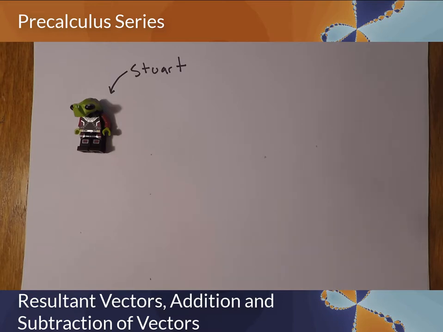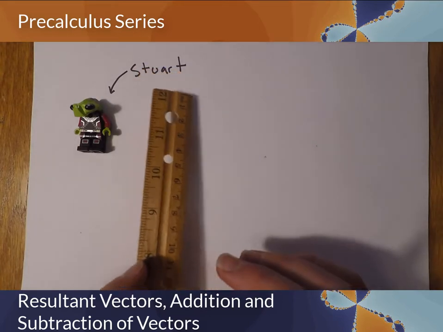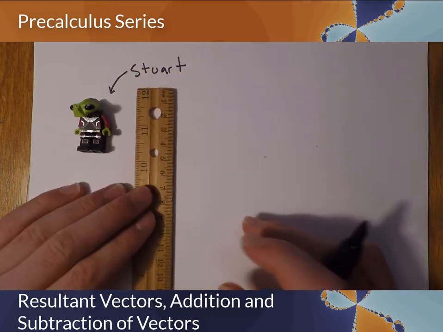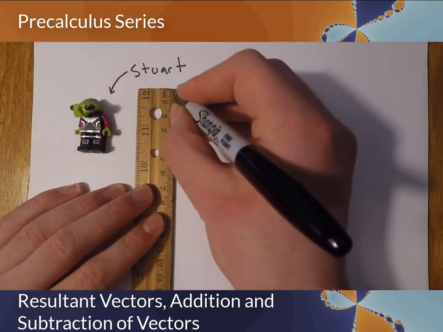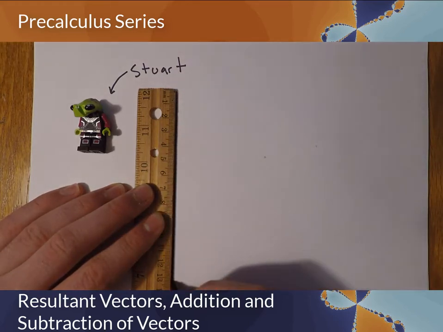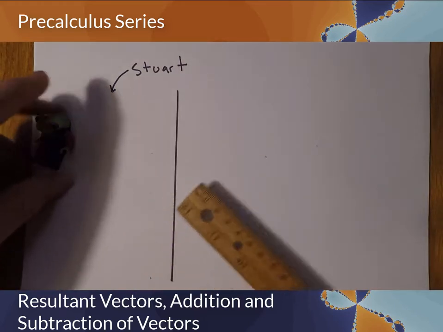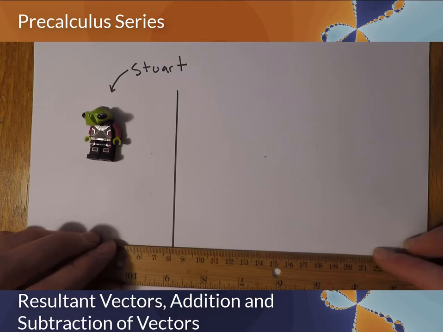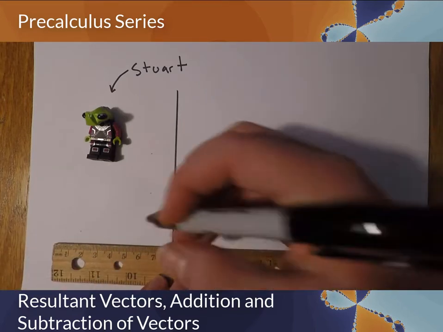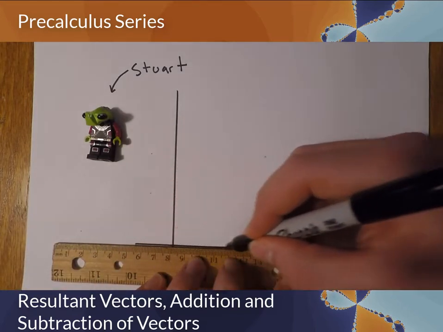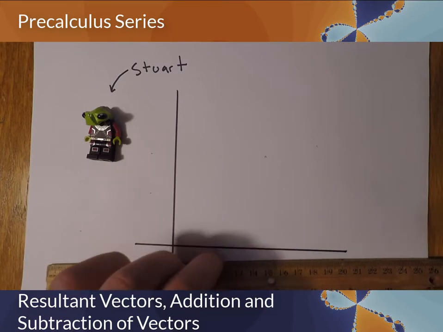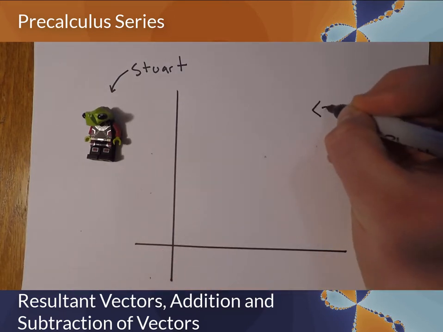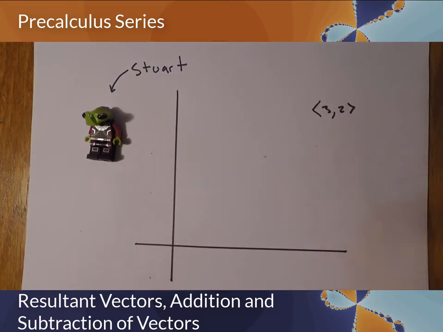But before we get into that, I'd like to give a brief review of what a vector actually is. So I'm going to draw a nice Cartesian coordinate plane. Just like this. And I'm going to draw the vector 3, 2.